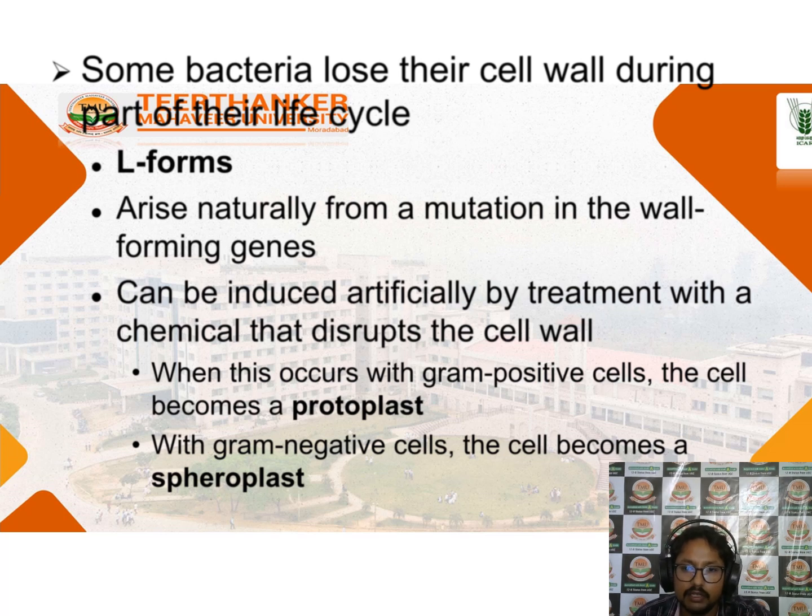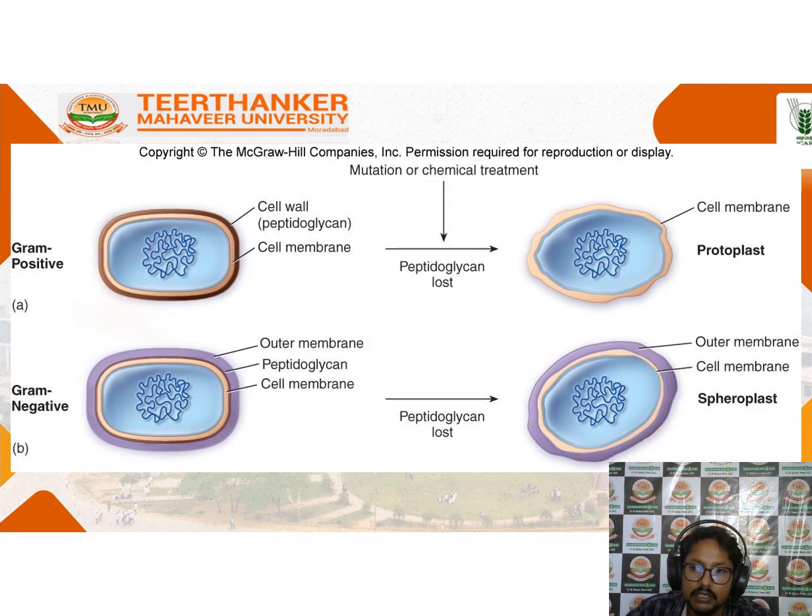If gram positive cells are treated with enzymes which dissolve the peptidoglycan layer, they become protoplasts. Whereas gram negative cells contain an outer membrane, the lipopolysaccharide, so it doesn't completely remove the external layer, and this forms spheroplasts. So here you can see in gram positive, when peptidoglycan is lost, it forms protoplasts, whereas in gram negative, when peptidoglycan is lost, it forms spheroplasts.